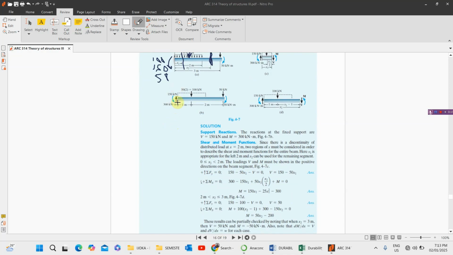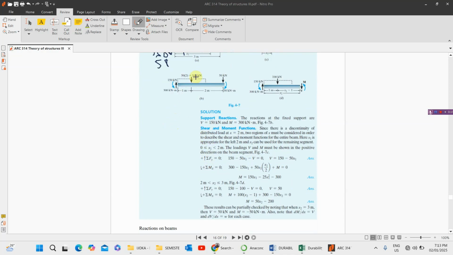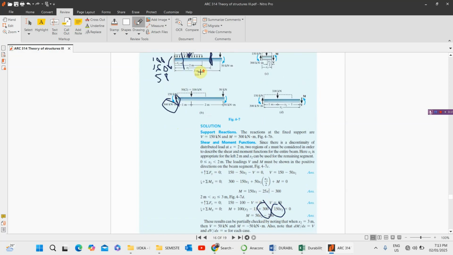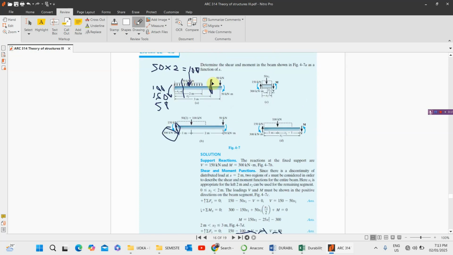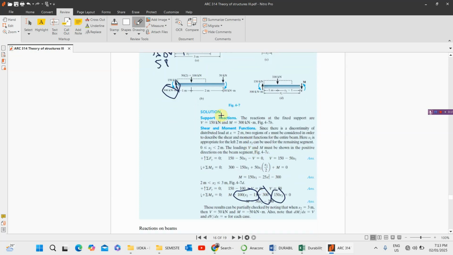The 150 kilonewton is moving this direction, which is minus 150 times s2. So this is for the shear force. This moment is this, and for the UDL here, this is the one covering the UDL. So there's no other force along this point again.